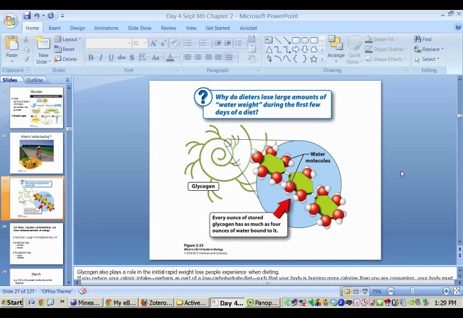So why do dieters lose large amounts of water weight during their first few days of a diet? This is what a glycogen molecule looks like, and often what's stored on the outside of that glycogen molecule is water molecules. For every ounce of stored glycogen, you can have as much as 4 ounces of water bound to it.